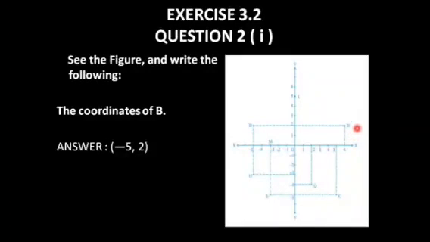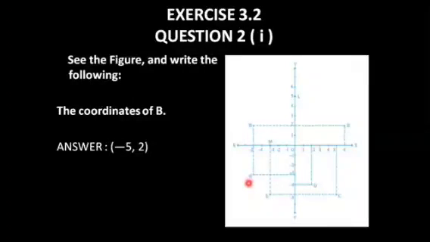Can you tell me what would be the coordinates of D? Yes, on the x-axis it is number 6 and on the y-axis it is 2. So the coordinates of point D would be 6, 2, as the x coordinate has to be written first and then the y coordinate. Let me ask you one more question to check if you have understood this system of Cartesian very well.